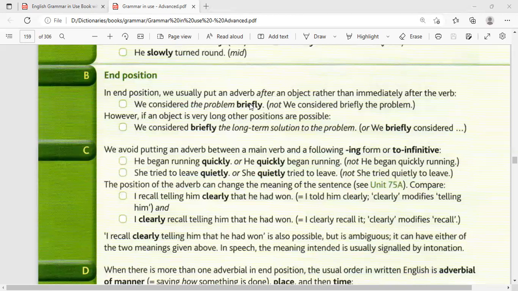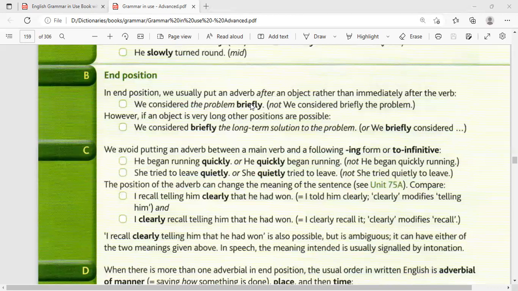Is it better to say we considered the long-term solution to the problem briefly, or it's better to say we considered briefly the long-term solution to the problem? What do you think, Hannah? We considered briefly. Or we can say we briefly considered. Both of them are correct.